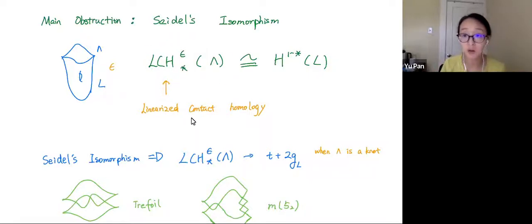For example, when lambda is a single component knot, then the right side singular homology is fixed, right? And then we know the Poincare polynomial of the LCH is actually t plus 2g. Basically, it's saying the homology of degree 1 is of dimension 1, and degree 0 is of dimension 2 times the genus of the surface.